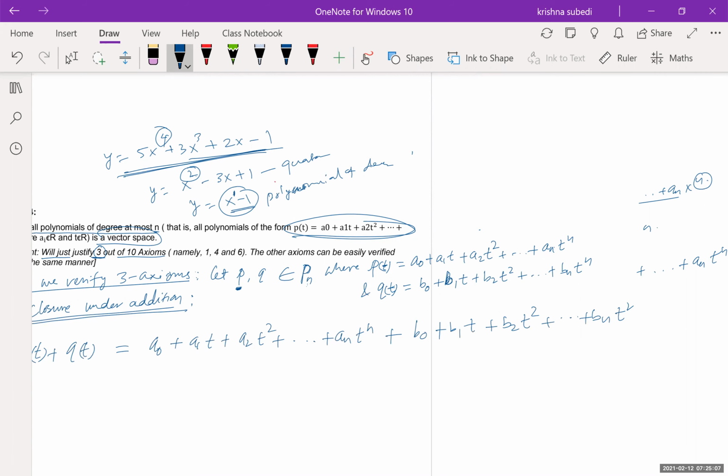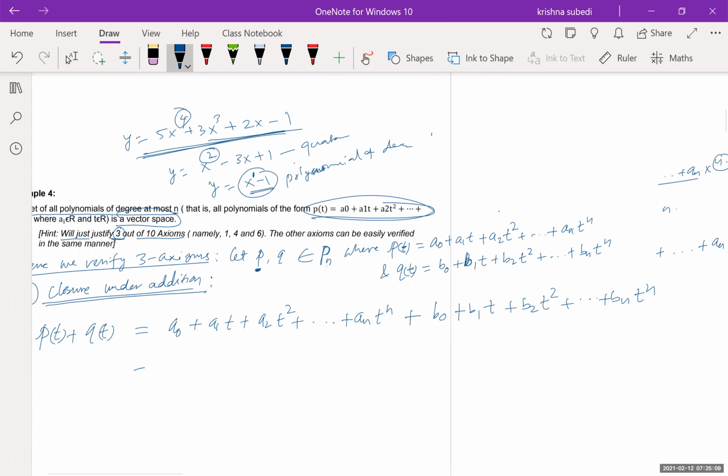Now I can write this as the constant term a naught plus b naught, and then take t common. What is left over is a1 plus b1. In the same way, taking t square common, you get a2 plus b2 times t square, plus all the way up to an plus bn times tn.